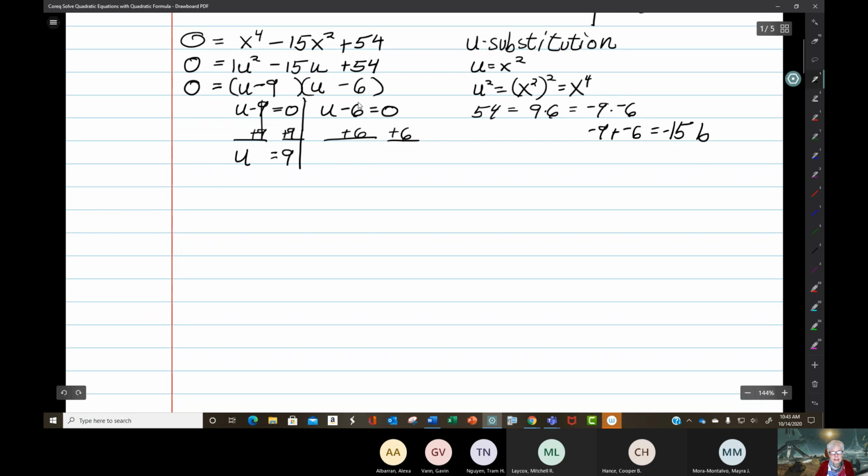Because -6 plus 6 is 0, and I'll have U equals +6. Now, I am in danger of feeling like I'm done, but I'm not. Because remember, the original variable that we were using was an X. You have to go back to X, and U equals X squared.